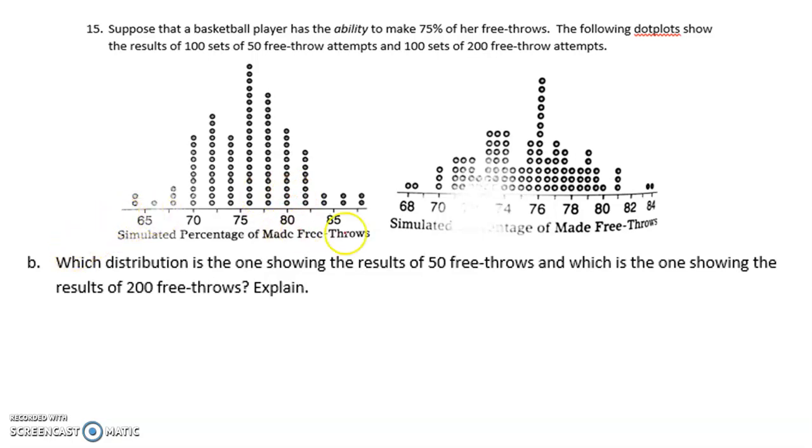However, if you look at the numbers down on the bottom, the one on the right is actually closer by range. So the left is 50 free throws because it's more spread out.